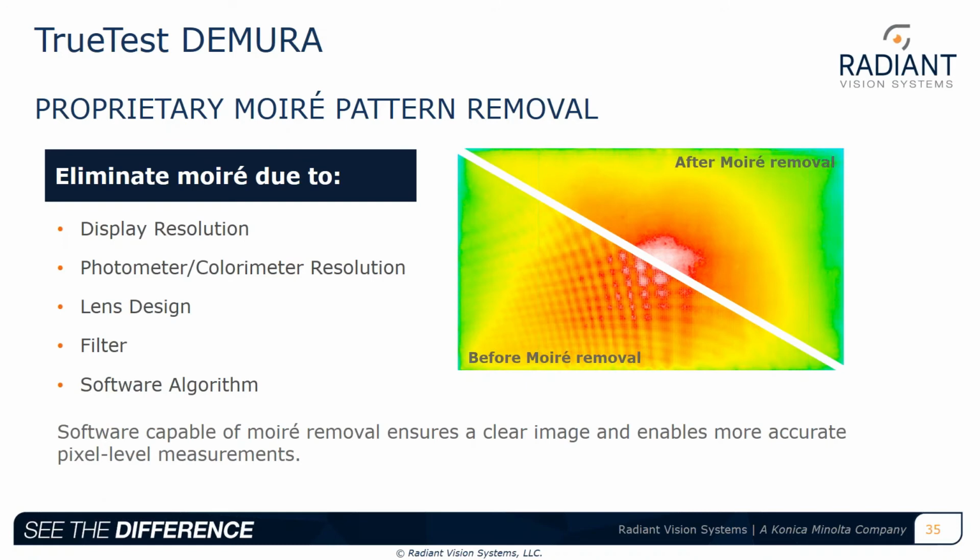The presence of these issues would not make for a practical measurement of the pixel. This effect should be removed, and this is largely achieved through software. We can see the results of the Moiré removal on the right-hand side, where there are minimal systematic errors, allowing us to accurately estimate the luminance of each pixel within the display.